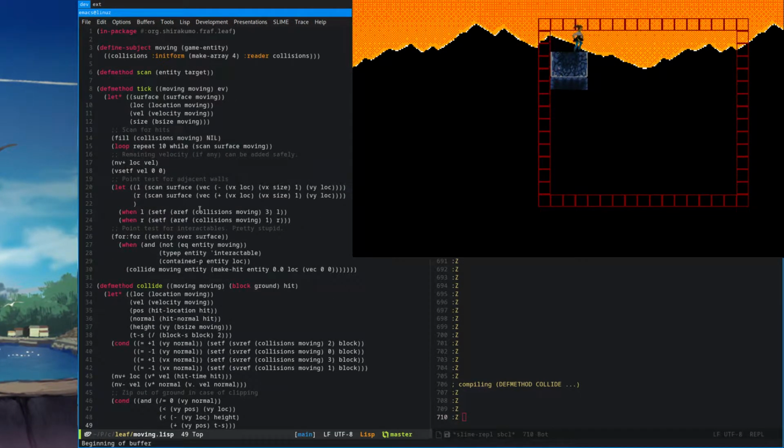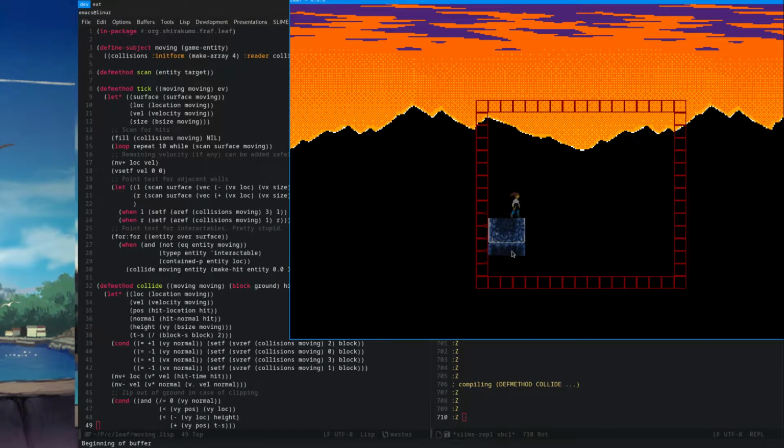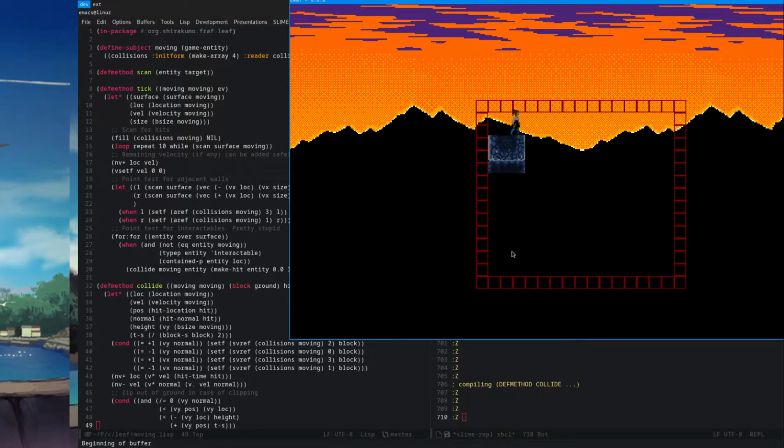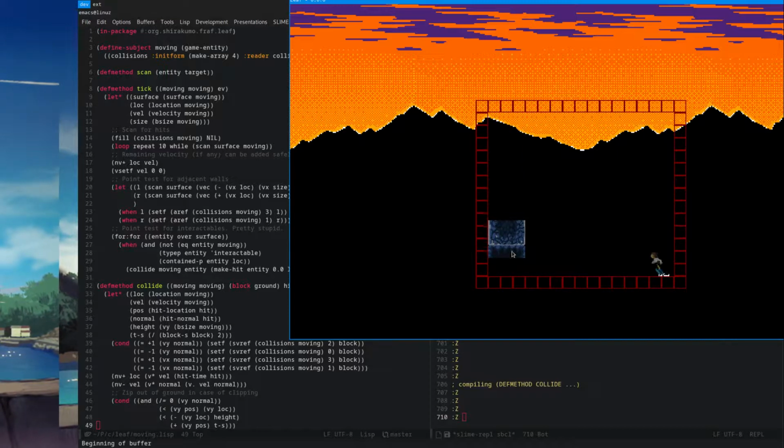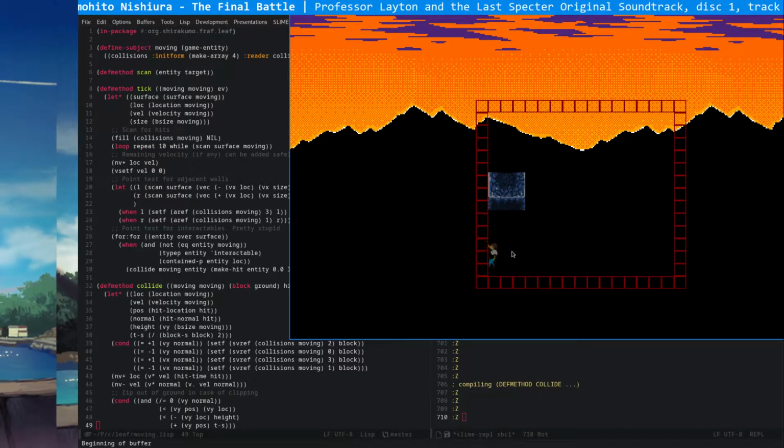The reason you want the point tests for at least left and right, and possibly bottom as well, I'm not so sure, is because you need interactions when you're standing near a wall so you can climb up it, and even when you're not pushing against a wall.